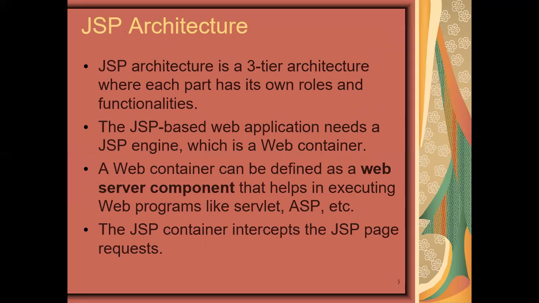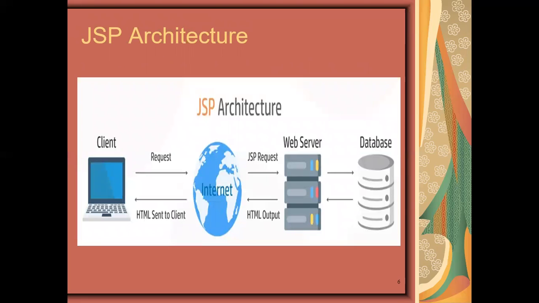This JSP has a 3-tier architecture. And so you see that there are different components that are required for you to work with this. You have your client machine where you are working. You have the internet. You have the web server. When I talk about this web server, I'm bundling it up with your database because this server is ideally on a particular database.